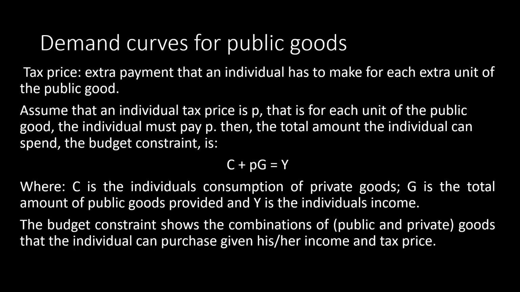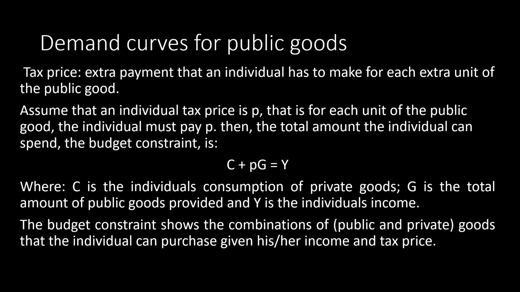The individual must pay P. Then the total amount the individual can spend, the budget constraint, is given by the following. C is the individual's consumption of the private goods, G is the total amount of public goods provided, and Y is the individual's income.